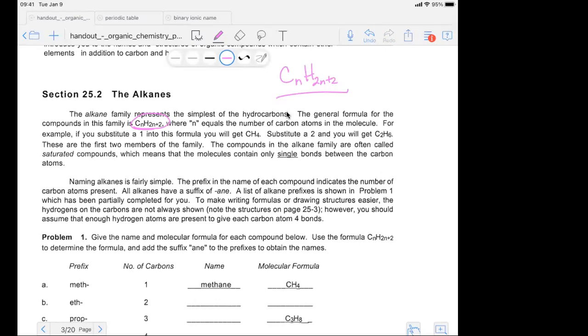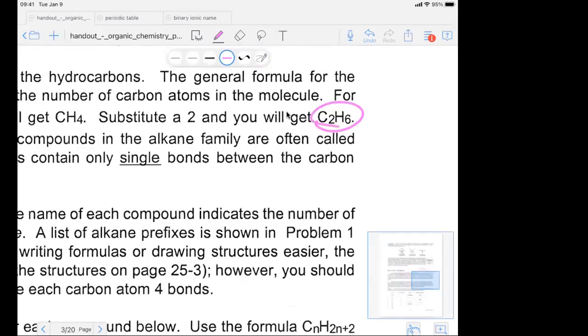So CnH2n plus 2. If you look at the simplest alkane, which has only one carbon, and you substitute 1 for n, you will get the formula CH4. If you have a 2-carbon alkane, you get C2H6. If you look at the relationship between the 2 and the 6, you see that 6 is 2 times 2 plus 2.